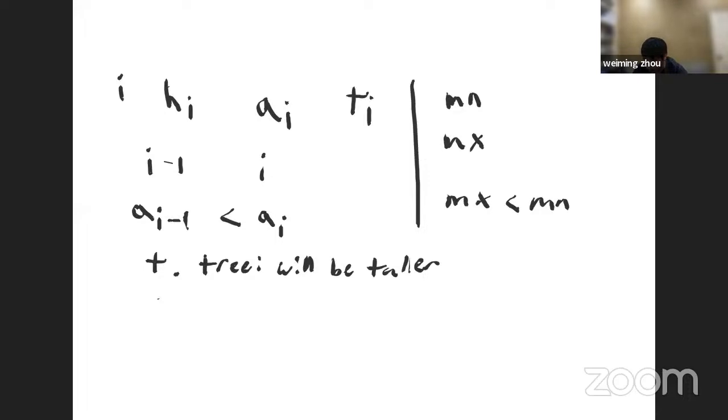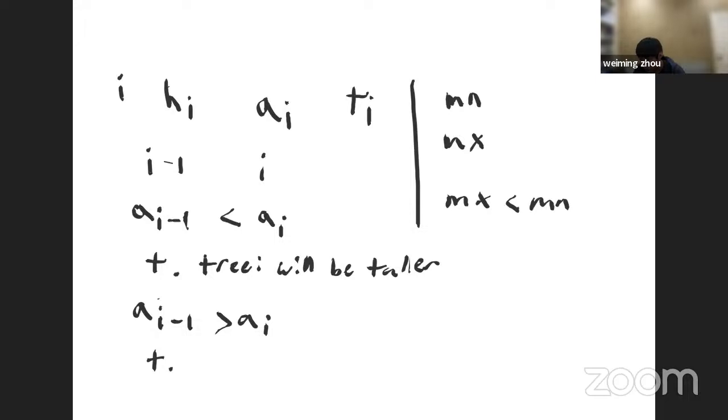And in a similar logic, if a of i minus 1 is greater than a of i, there will exist some point t such that before point t, the i minus 1 tree will be shorter than the ith tree. After this time, it will have caught up, and since it grows at a faster rate, it won't be passed again. Of course, this time may not necessarily exist.